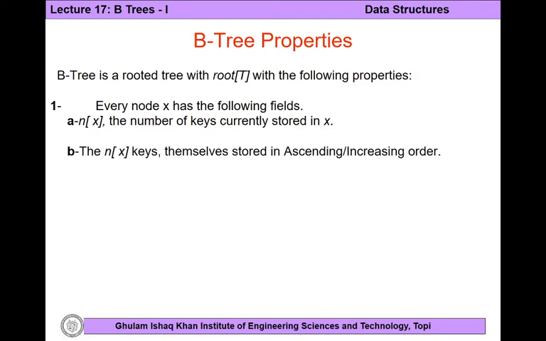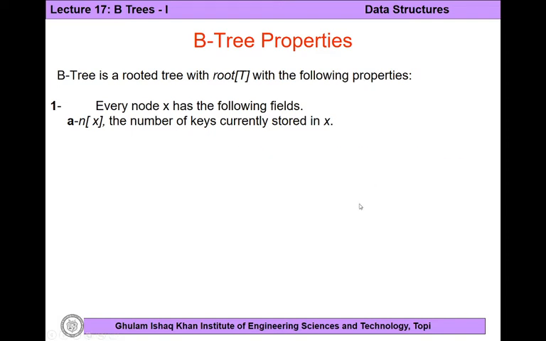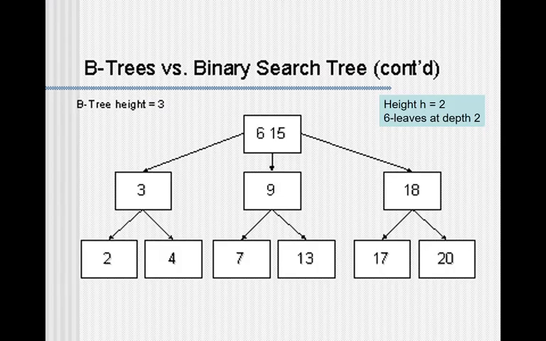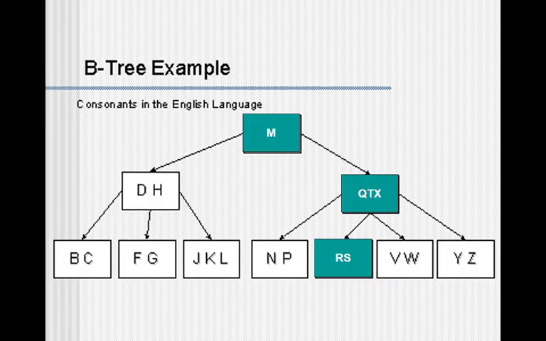And then the keys which are stored in the B tree are stored in an ascending or descending order. As you can see here, these are placed in an increasing order, right?